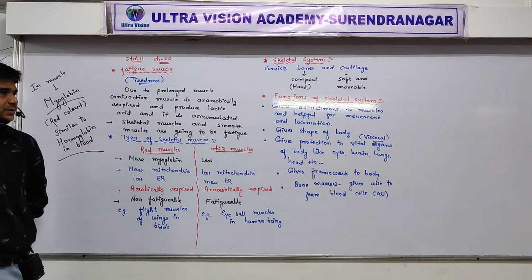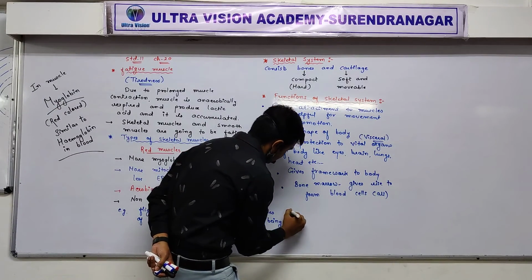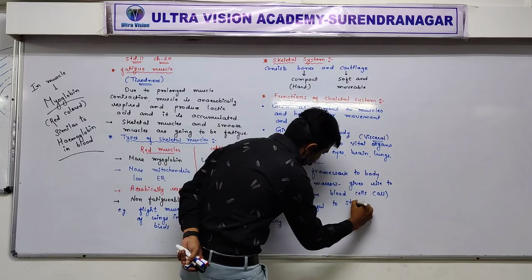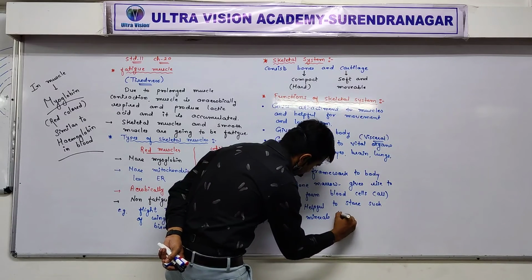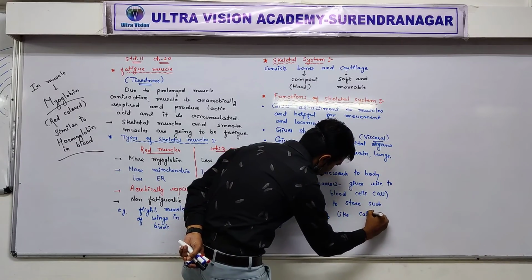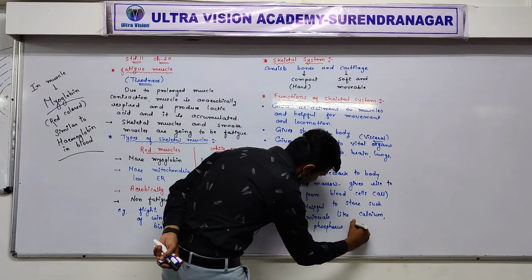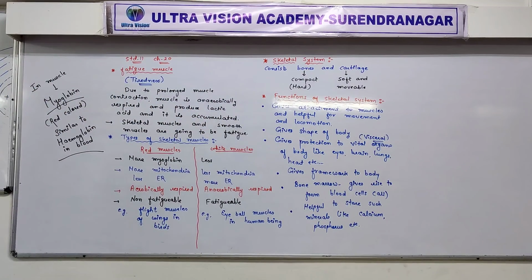RBC, WBC, platelets, all are generated here. It is also helpful for storing minerals like calcium and phosphorus.